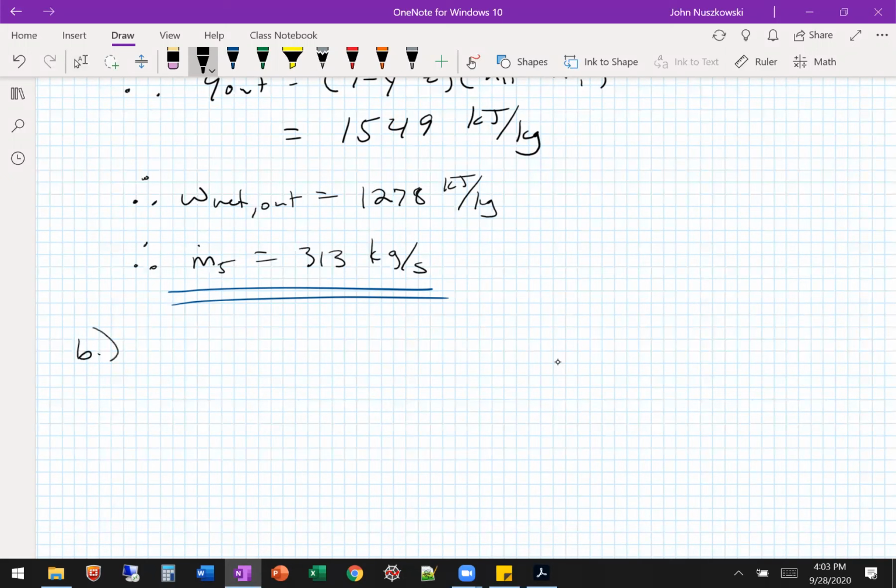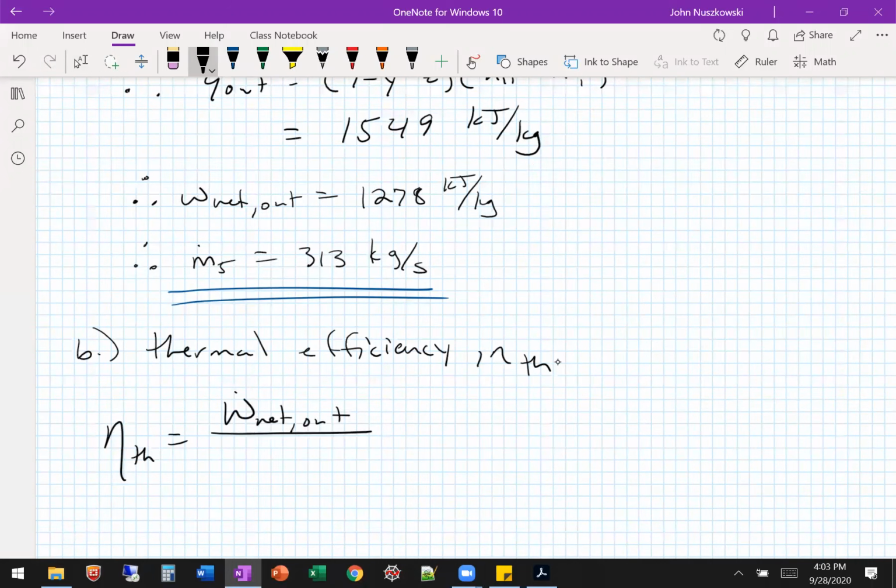All right, B is thermal efficiency. Thermal efficiency, desired output is work net out, required input is Q in.